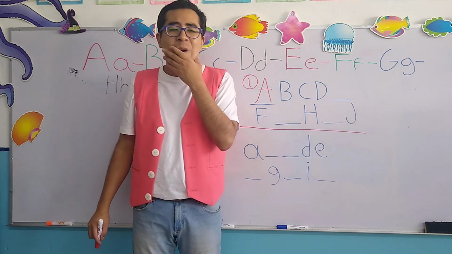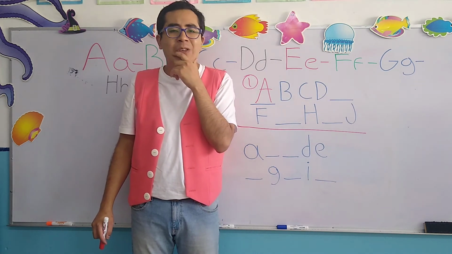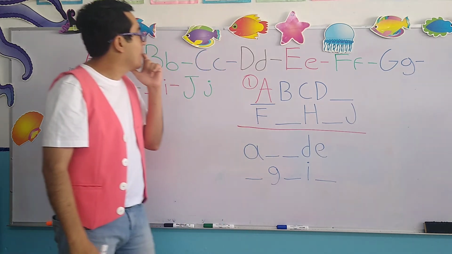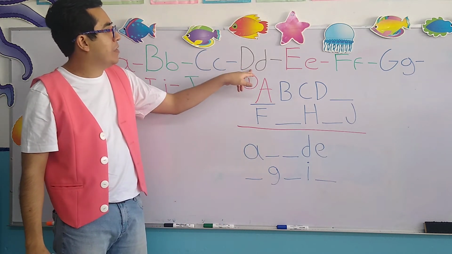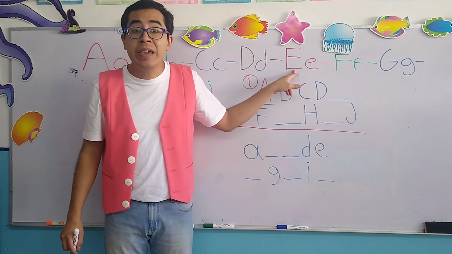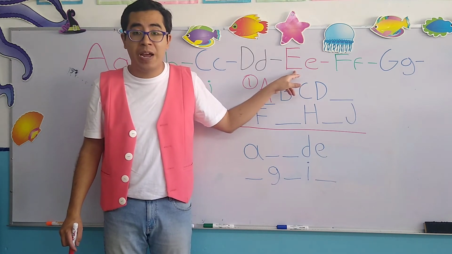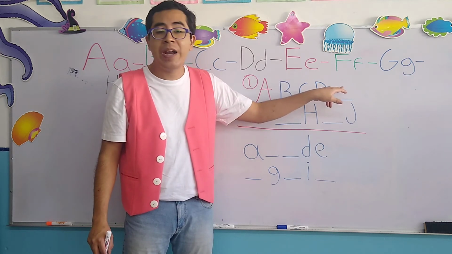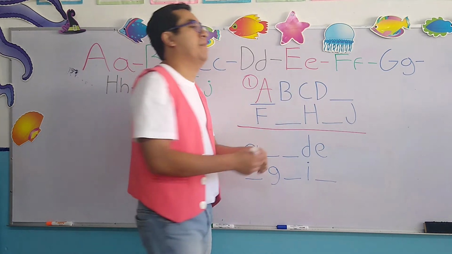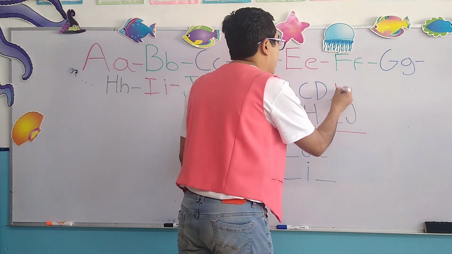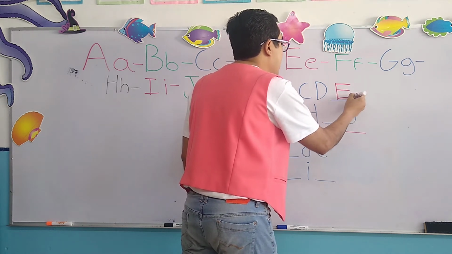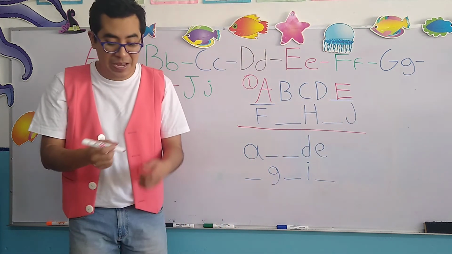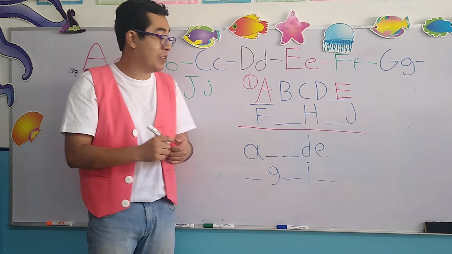Capital A, capital B, capital C, capital D, and here we have another blank space, un espacio en blanco. So, what's the letter that comes next? C, D, letter E, capital E of elephant. So, once again, this letter, we have to write it right here. Capital E. Excellent. Okay, you are doing an excellent job, my children.